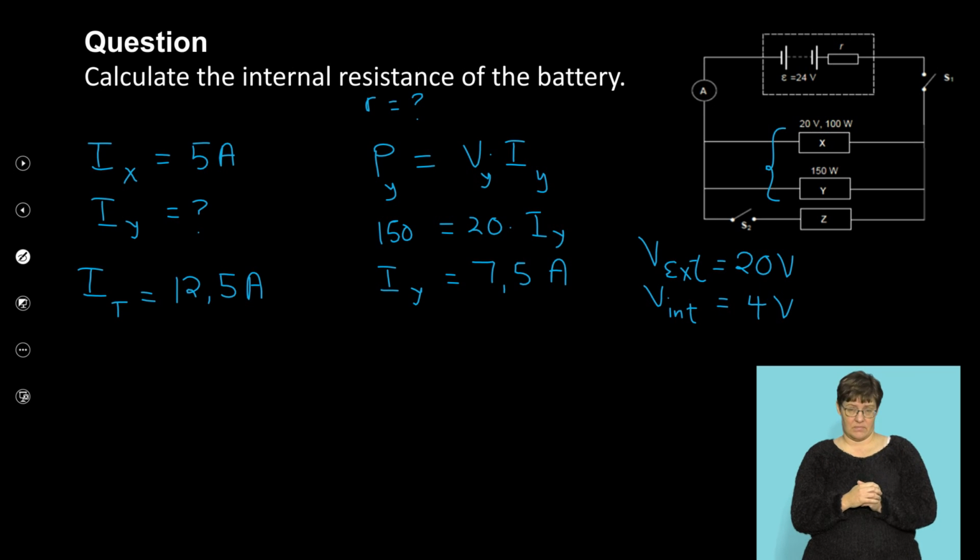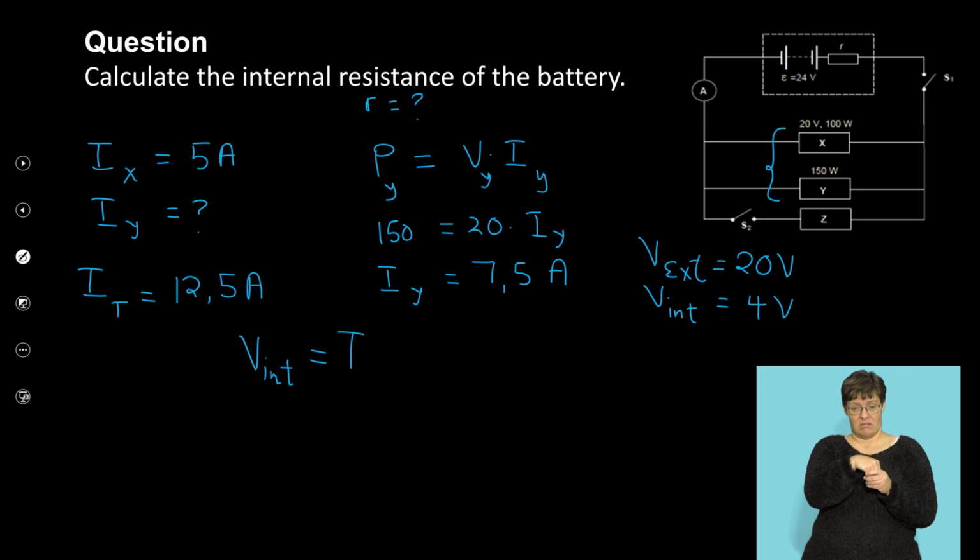Now what do we know at this point in time? We know that V internal is equal to the main current multiplied by the internal resistance of the battery.